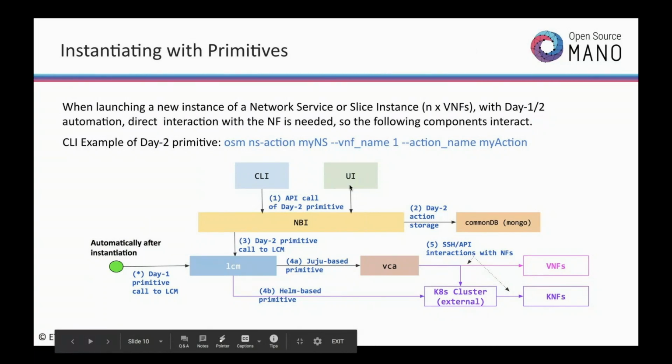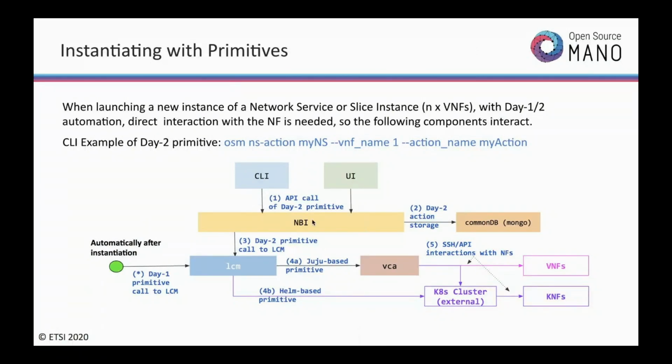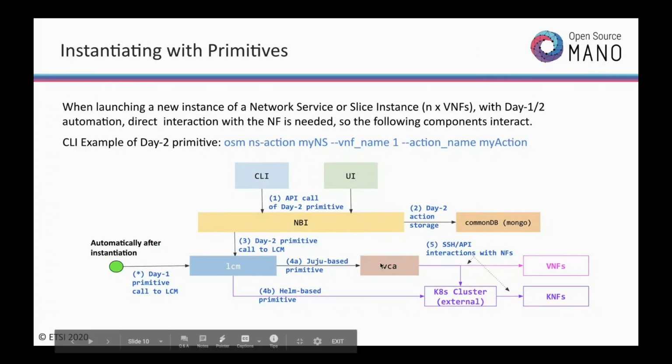So day 2 primitives are called on demand through the API. They are stored in a common DB, and then they are requested to LCM. So if the day 2 primitive uses the main path, I mean, it's a charm, then it goes through VCA in the same way as the day 1 primitive.